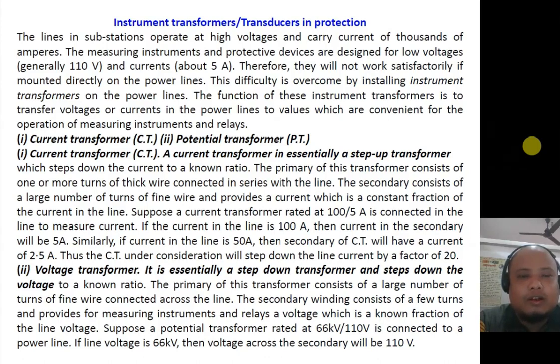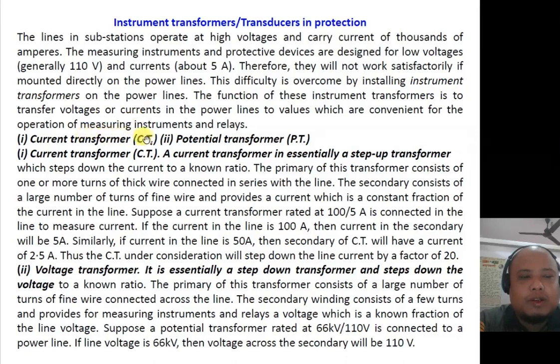Because generally these devices, measuring and protective devices, are meant for low voltages and low currents, 110 volt and 5 ampere generally. So CT will bring down the current level before giving the current to the relay or the measuring instrument.